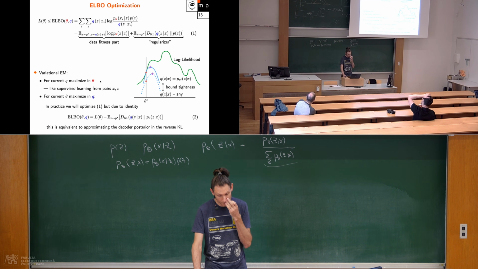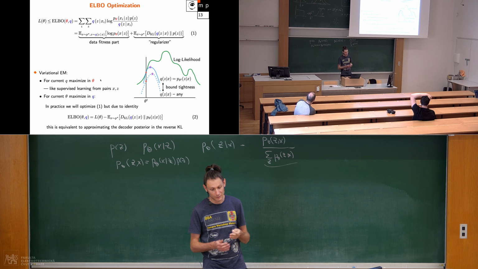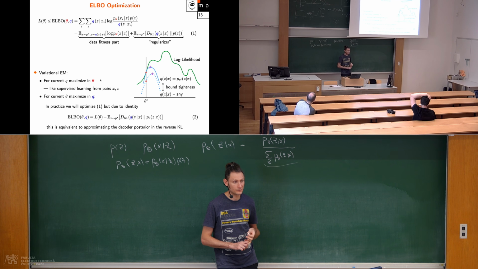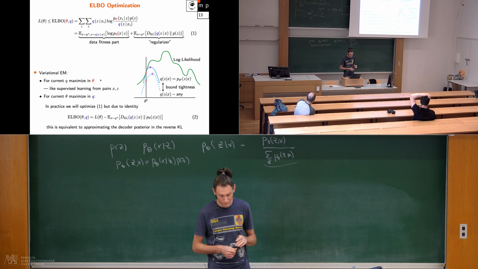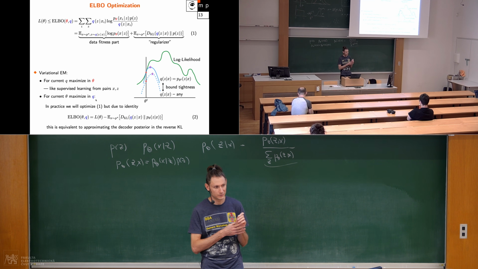And then this would be the maximization step of EM, right? And then the expectation step of the EM would be, for the current decoder, to refit the encoder.